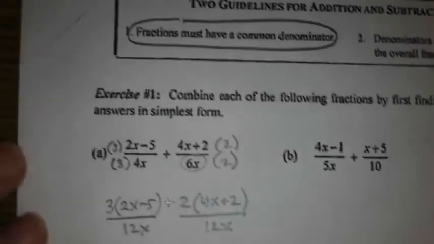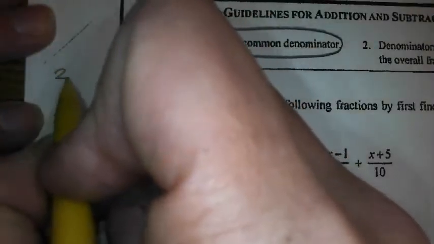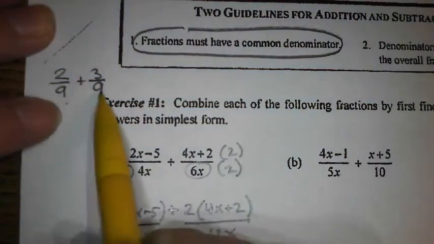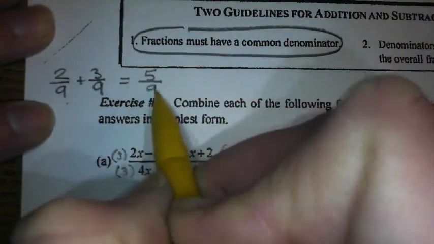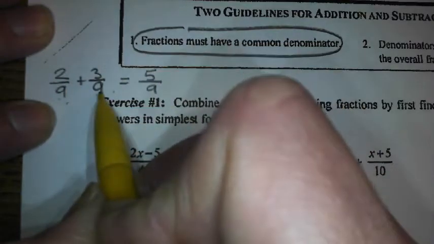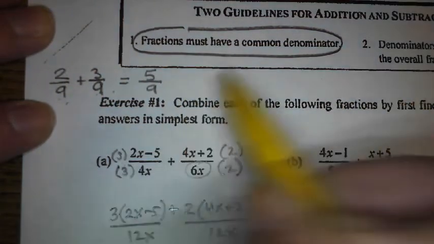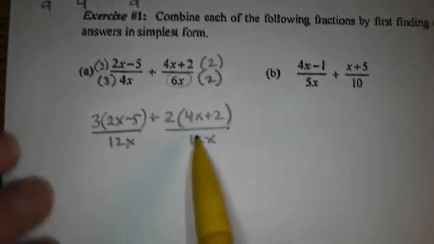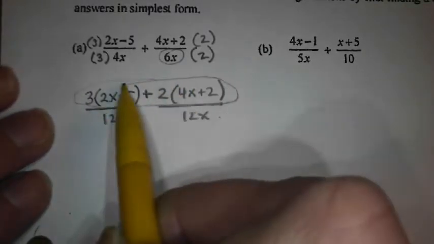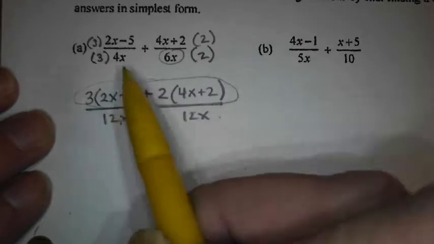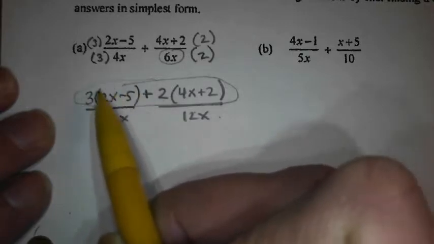So let me ask you, if I have 2/9 plus 3/9 numerically and I have a common denominator, what does that equal? 5/9. So what did we do with the denominators? Did we add them together? Absolutely not. So the fact that I have a 12x here, that's going to stay the same. What I do need to add together are the numerators, which I can do, but I have to distribute first.